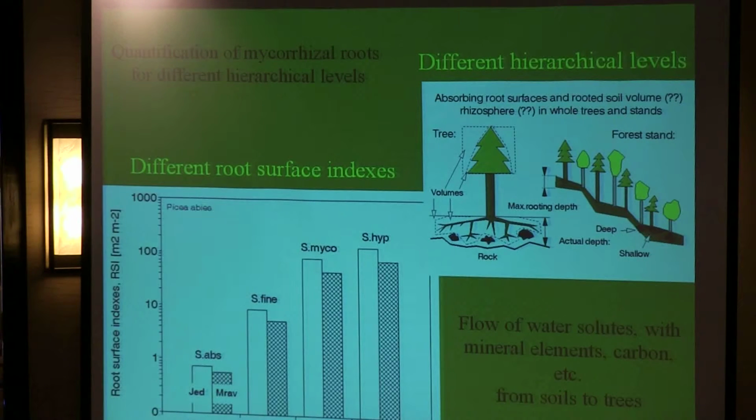So, in general, we can characterize, say, different root areas. Let's say absorptive root area is approximately around 1. It can, of course, differ, yes, but if somebody would ask you, you can say this number.